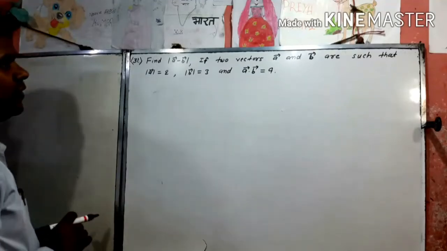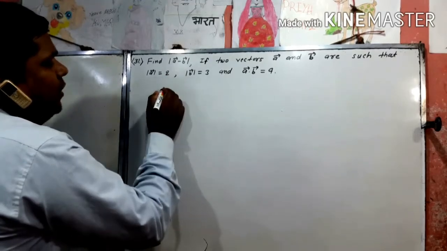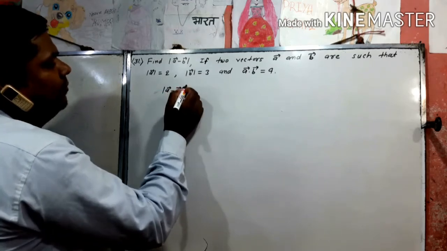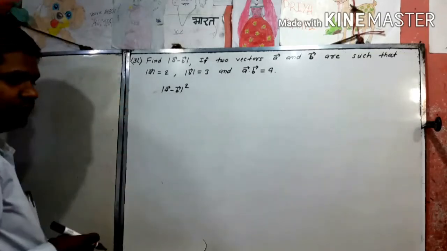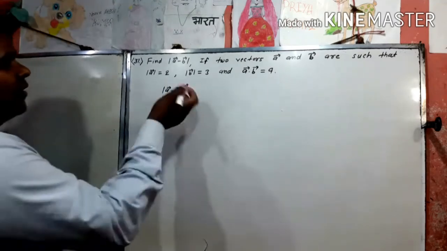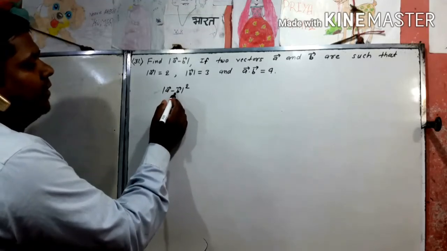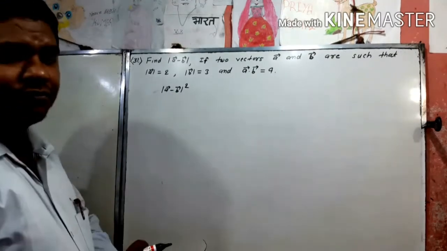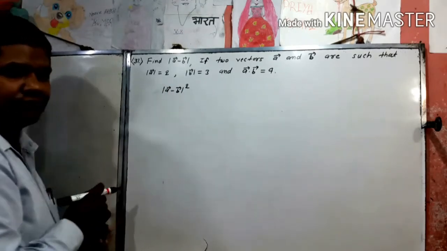First of all, we can write mode of a vector minus b vector to the power 2. Such a question we solve as, we write the form mode of a vector minus b vector to the power 2. For any vector, we take it as a square form.